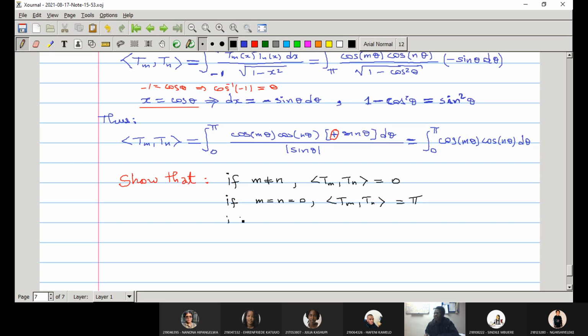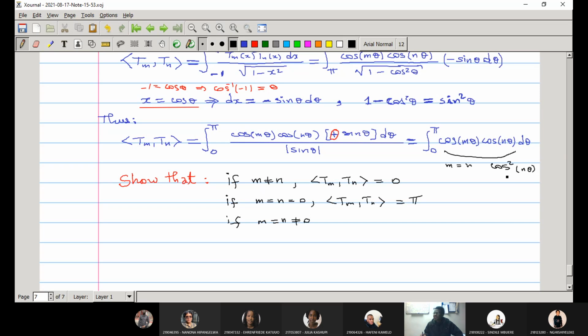And now if they are equal but not 0, if m is equal to n, you agree with me that this will become cosine square n theta, right?